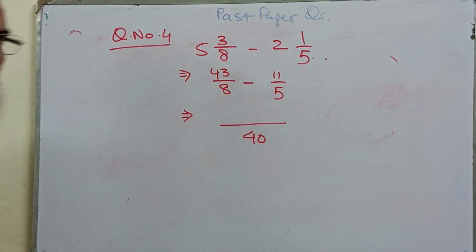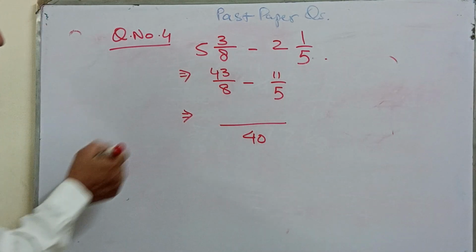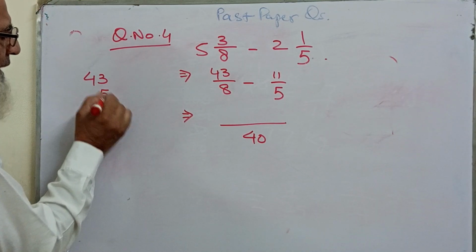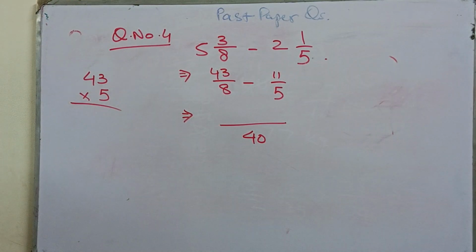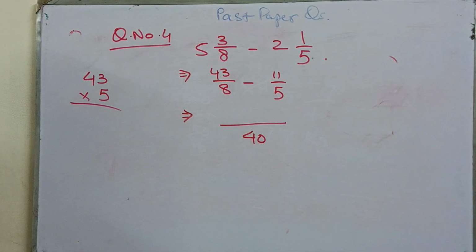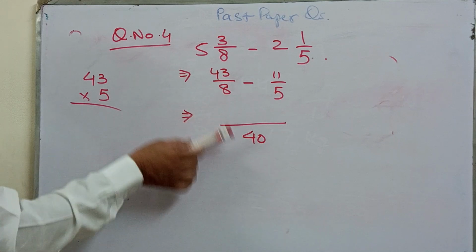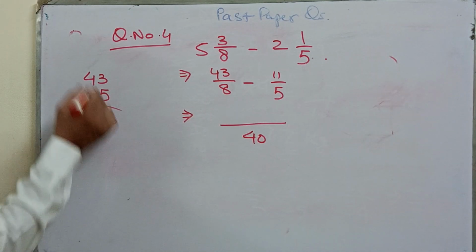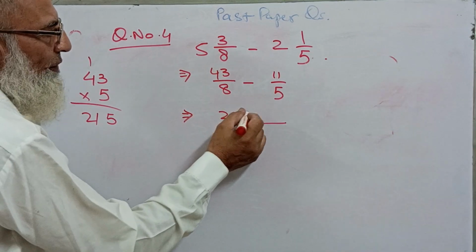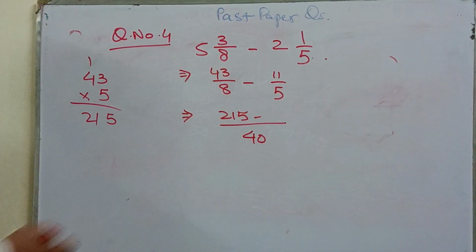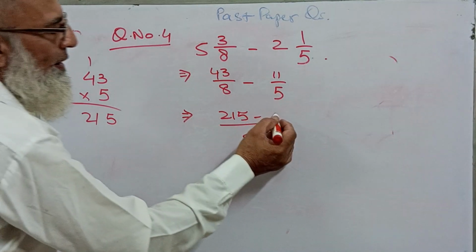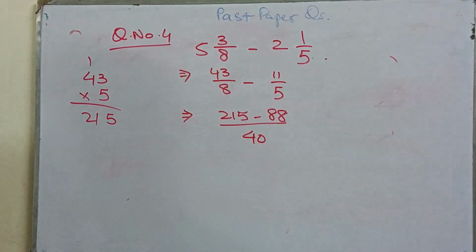Now 8 times 5 is 40, and 43 multiplied by 5: 5 times 3 is 15, plus 20 is 215. Minus, and similarly 11 times 8 is 88.